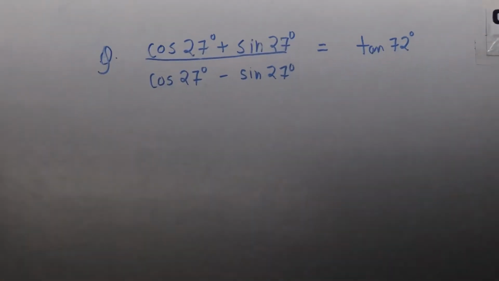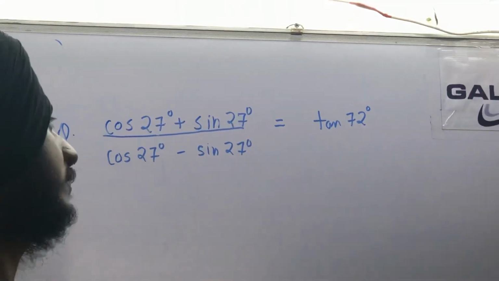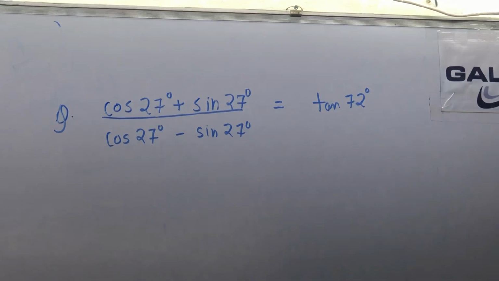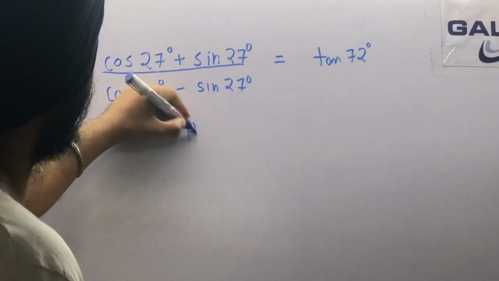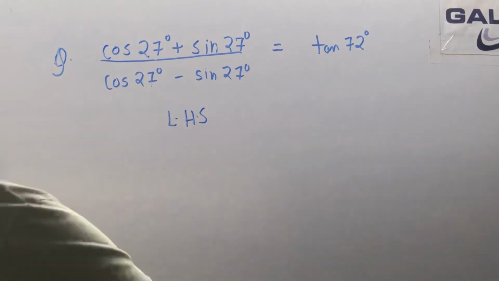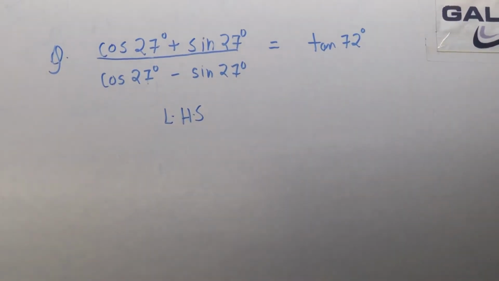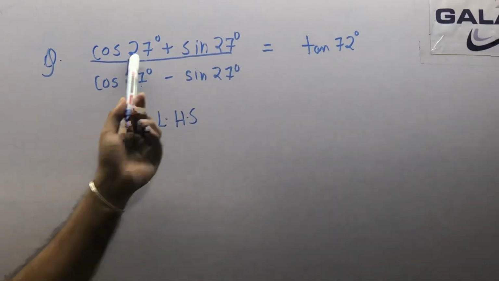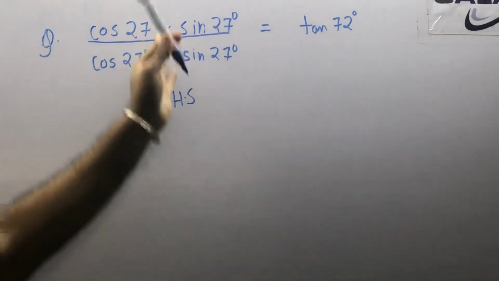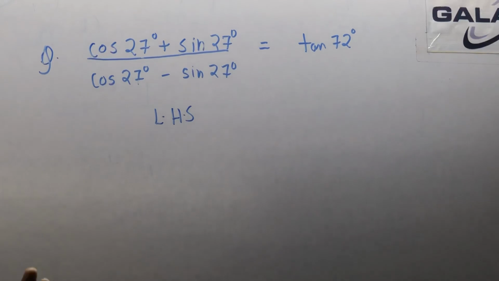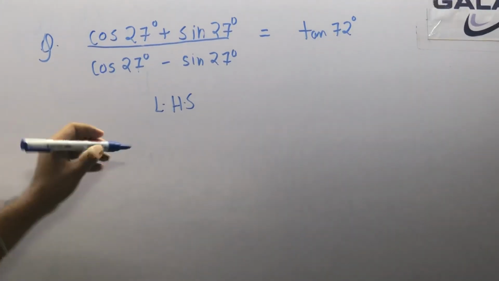You have to prove this is equal to this. So obviously I will start from the left hand side, it is more complicated. You are seeing tan on the right side. The angle is different: this is 27, this is 72. For the time being I have to convert this side into tan because you have to prove it into tan. So how can you make it into tan?